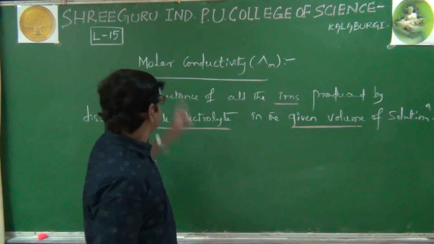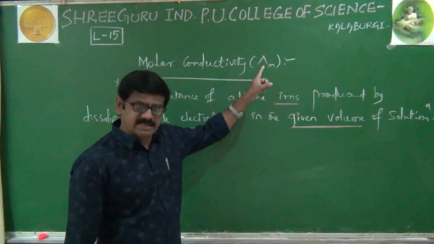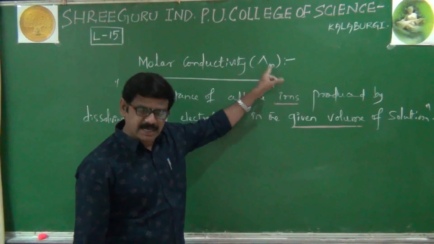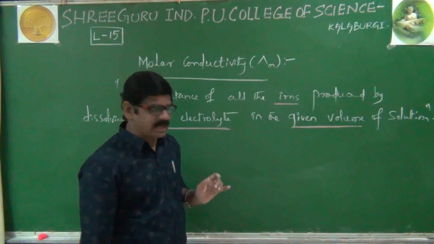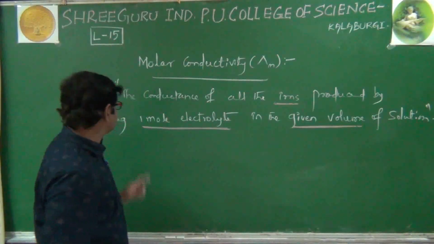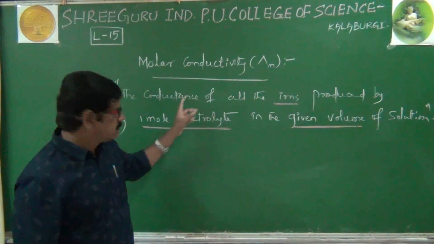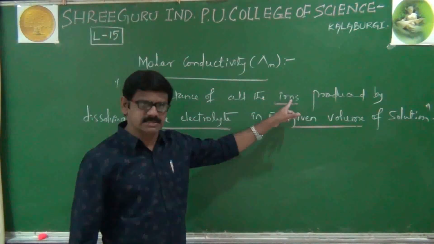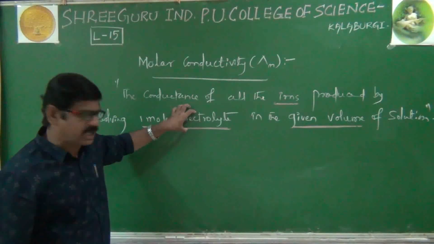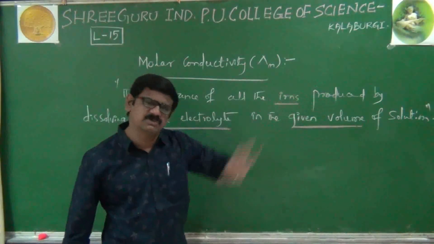Here molar conductivity is designated with the lambda symbol. Lambda m is nothing but molar conductivity. Now we'll see its authentic definition. The definition is like this: the conductance of all the ions produced by dissolving 1 mole of electrolyte in the given volume of solution.